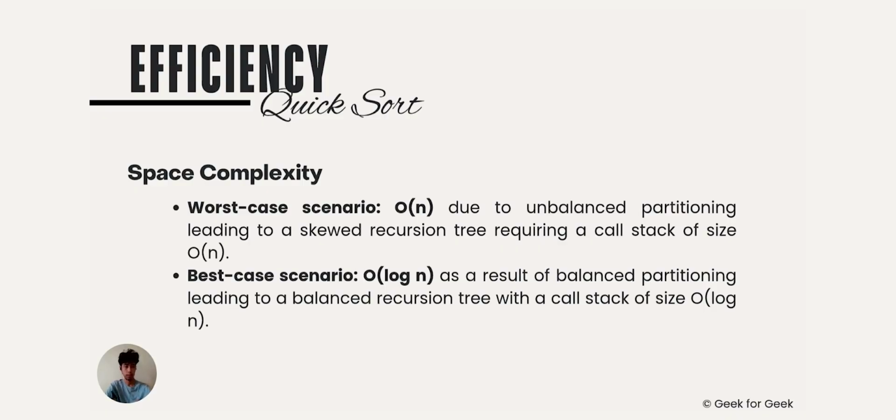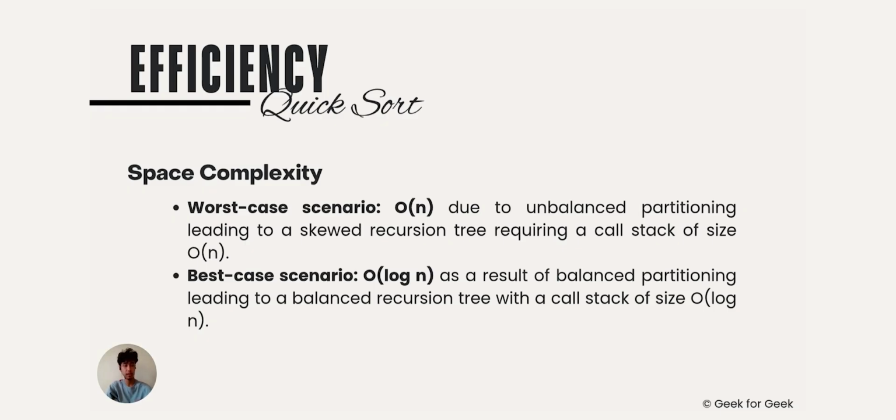For the next part, we will be talking about the space complexity of quicksort. The worst case scenario of O(n) is due to unbalanced partitioning leading to a skewed recursion tree, creating a call stack of size O(n). That means its space usage mainly comes from the call stack.